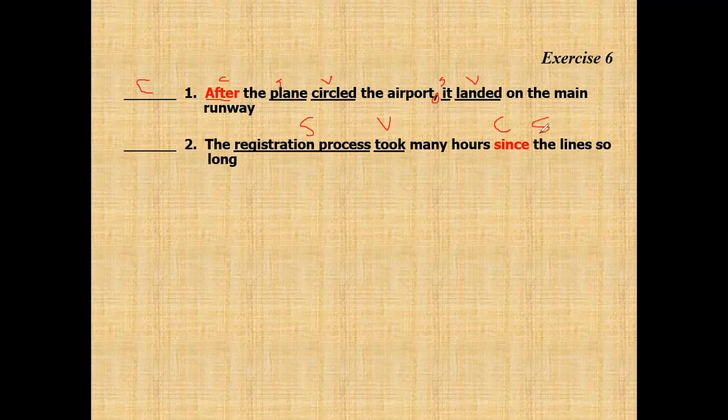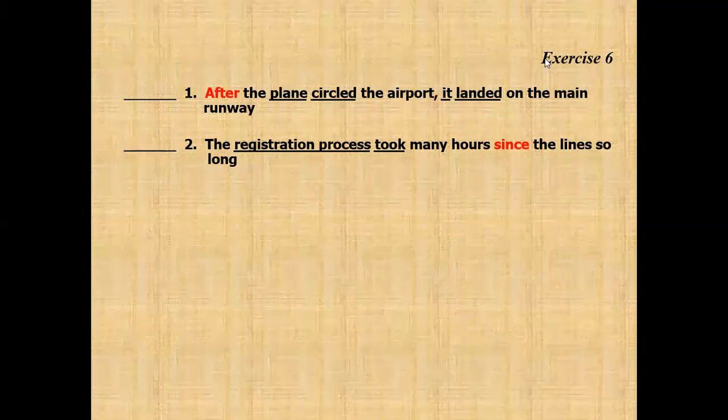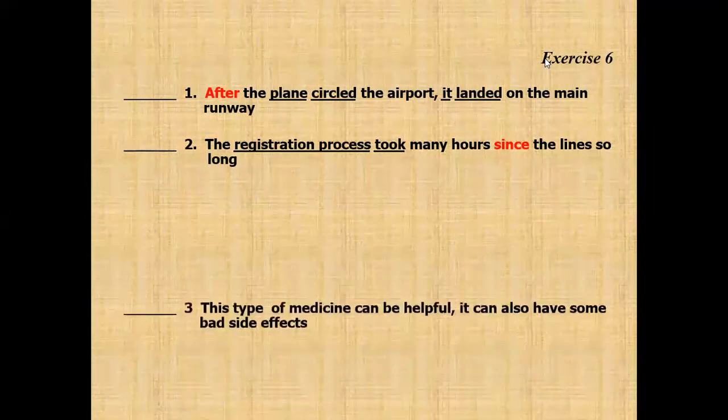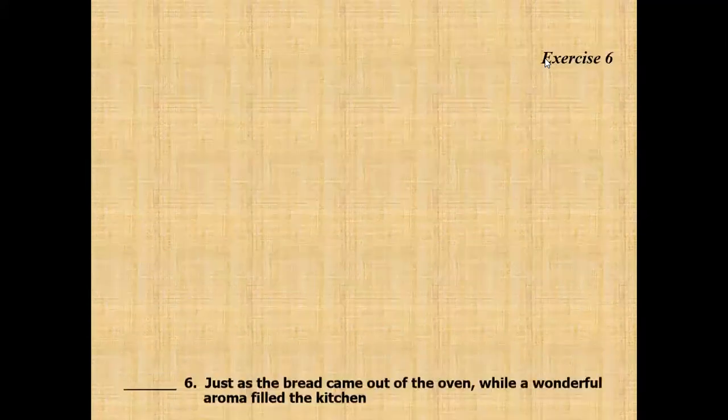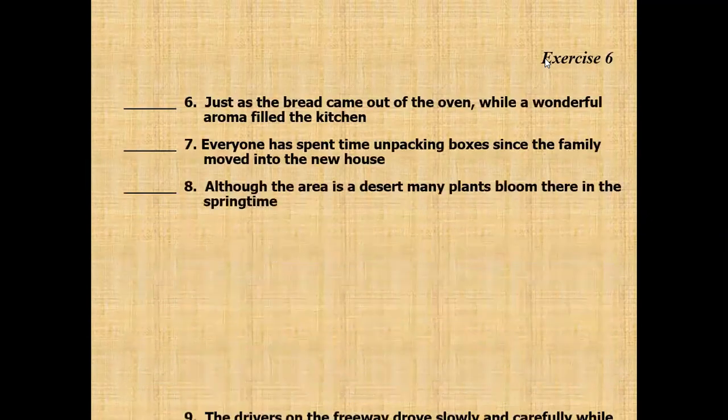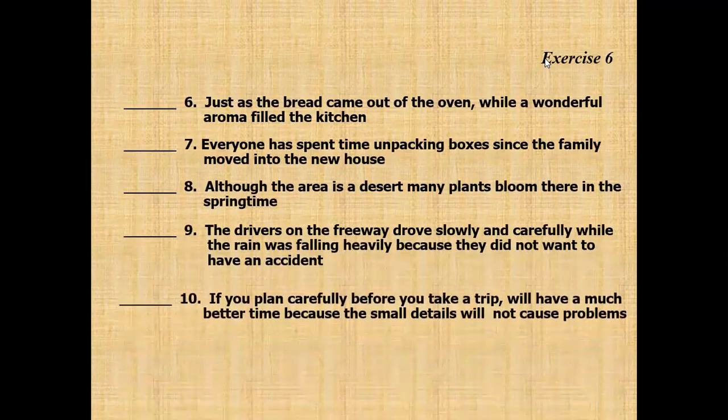The lines is the subject, but it's missing a to be or verb, like this one. So it is incorrect. Now I want you to answer number 3, 4, 5, 6, 7, 8, 9, and then 10.